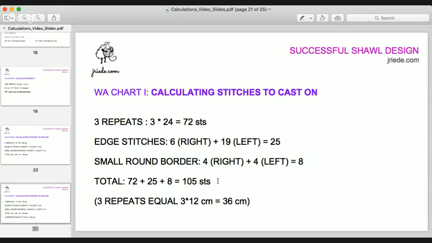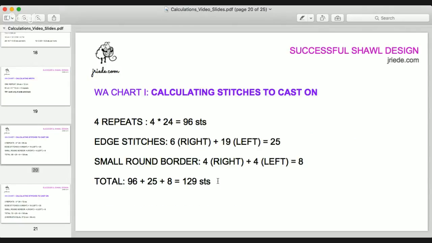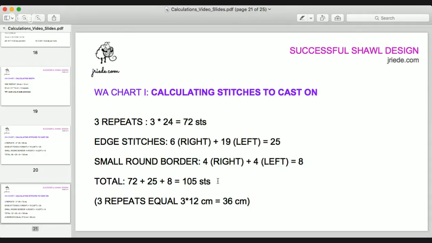So you can see by looking at the stitch count, 3 repeats are 105 stitches, and if we work 1 additional repeat, as shown here, we work 1 times 24 stitches more, because we got 1 more repeat. So in this case, 3 repeats means 105 stitches to cast on in total, including the side stitches, the repeat, and the small border stitches we need.